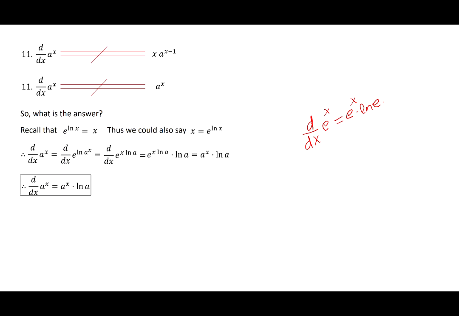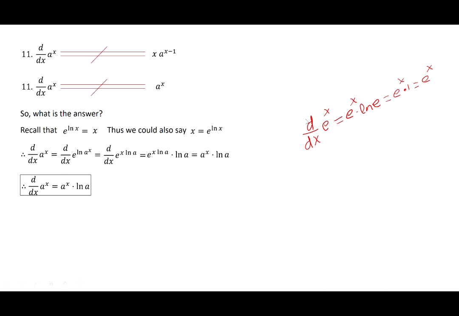We just simply say e to the x. That's because what is natural log of e equal to? That's 1. So e to the x times 1 is e to the x. That's why we would be multiplying by 1, and that's why we don't bother. Cool? All right.